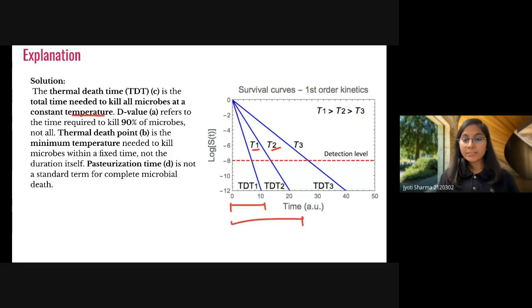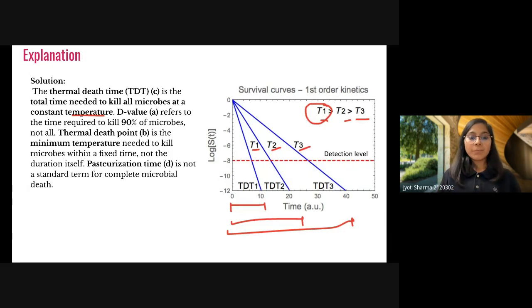Then if we have, let's say, temperature T3, then to kill all the bacteria we may need 40 minutes. And here T1 is greater than T2 is greater than T3, and that's why whenever we have more temperature, there will be more efficiency so that we can kill all the bacteria within a short period. So just keep in mind that thermal death time is the total time needed to kill all microbes at a constant temperature. Okay, so this is giving you the C answer, the right one.